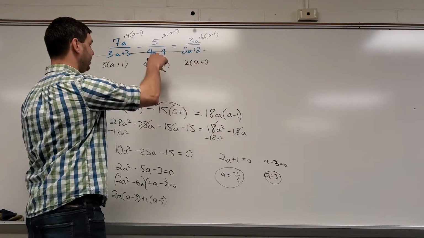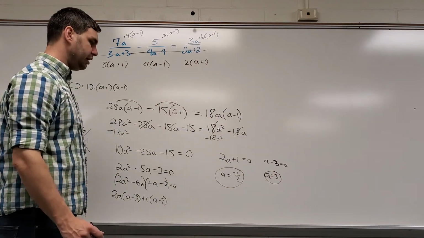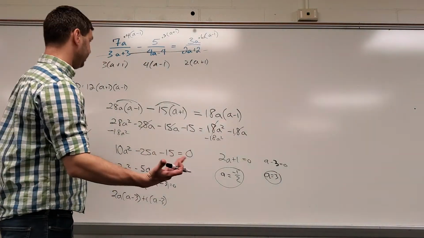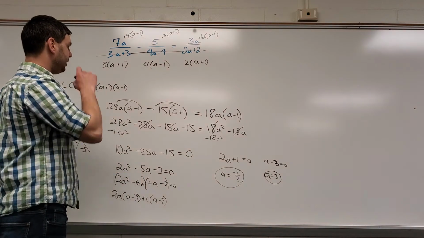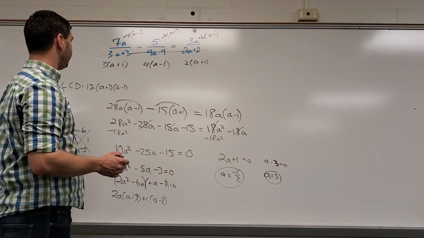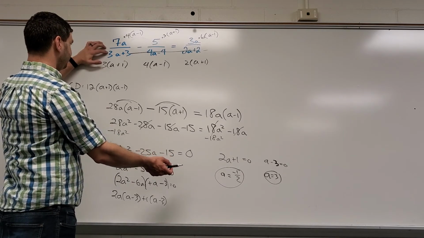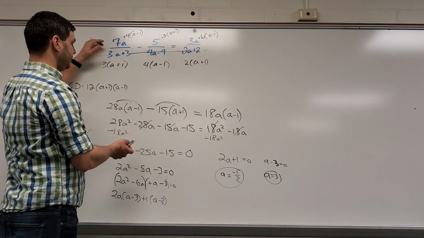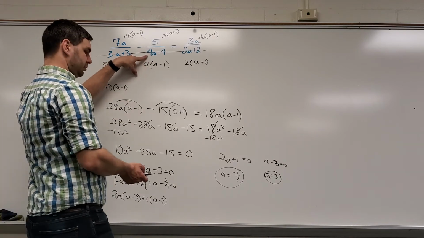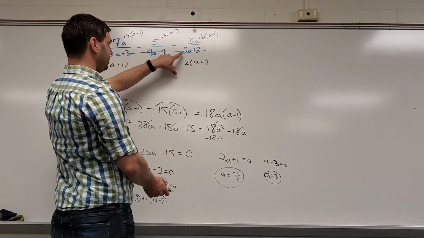Okay, but we do have to put it back into our originals and check, all right? So what we're looking for is 0 in the denominator. And let's see, does that happen anywhere? 3 times negative 1/2 plus 3, nope, that's fine. Over here, 4, that's good.